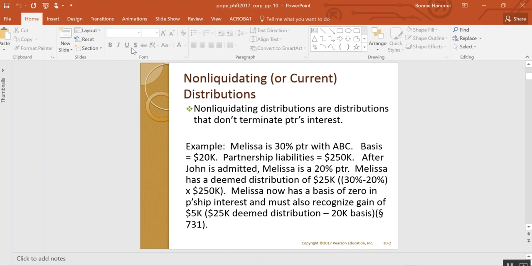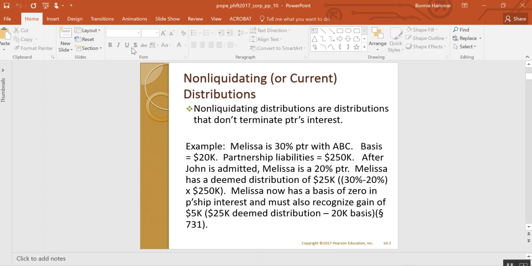However, in my facts, I'm telling you that the capital account equals basis, so her capital account is now -5, because her old capital account balance was 20, and then we subtracted 25,000 for the decrease in her share of liability. So her capital account would be -5, but her basis would be 0.